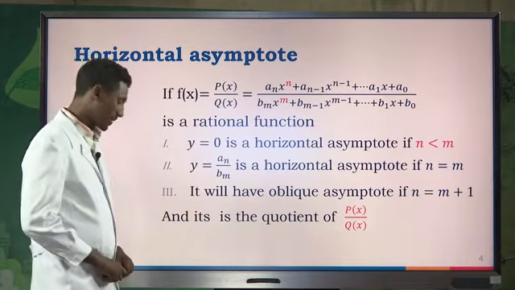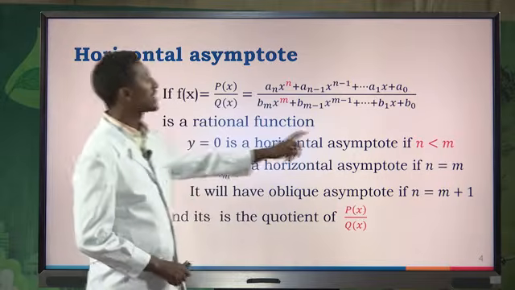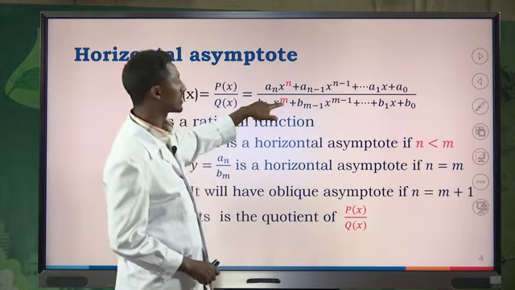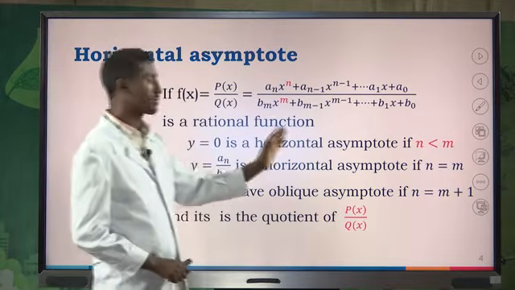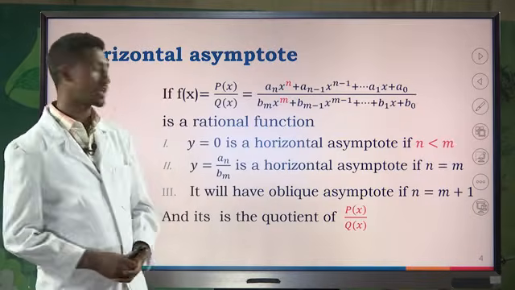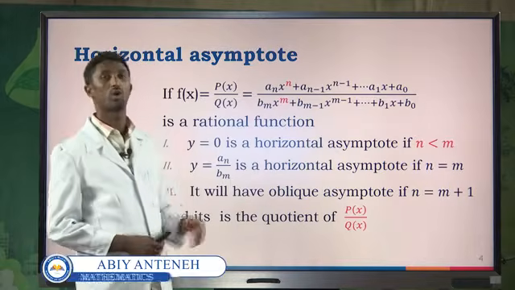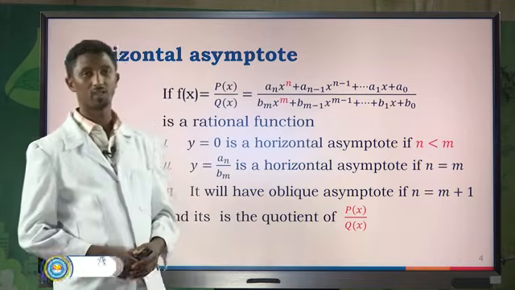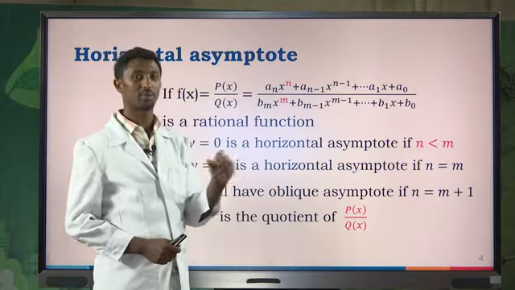In the first case, y equals 0 is a horizontal asymptote if n is less than m, that is, when the degree of p of x is less than the degree of q of x. So n and m represent the degrees of p of x and q of x respectively. When the degree of q of x is greater than the degree of p of x, necessarily y equals 0 is a horizontal asymptote. Then the second case: if both p of x and q of x have the same degree, let n equal m.